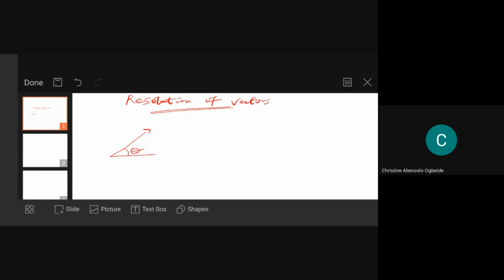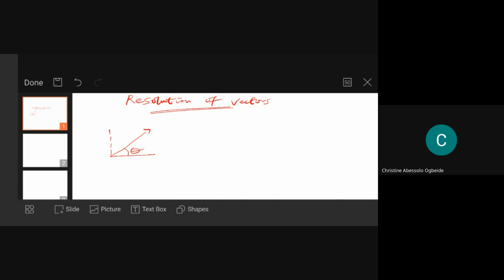Now let me try to sketch my vertical component. This particular vector can be resolved into both horizontal and vertical components as long as the angle is inclined to the horizontal.